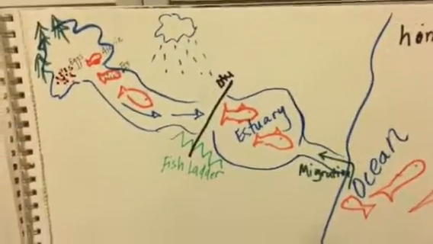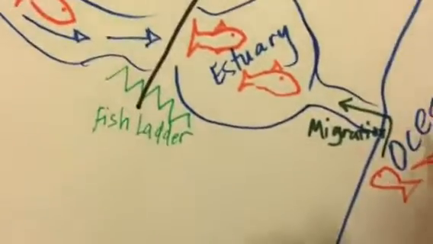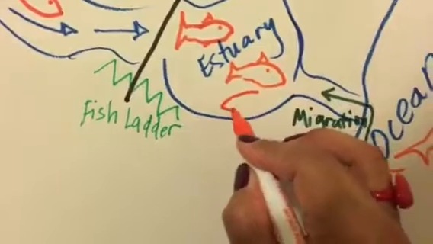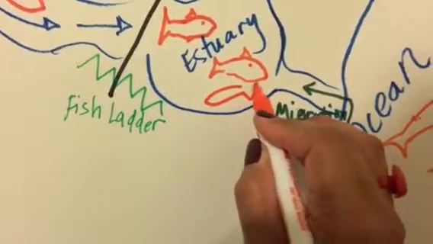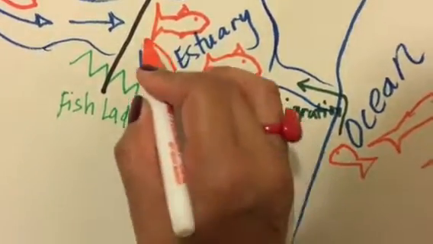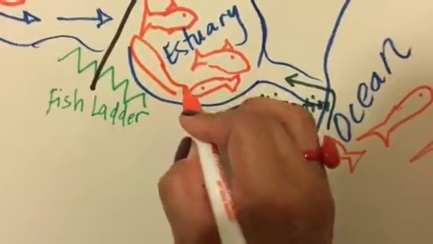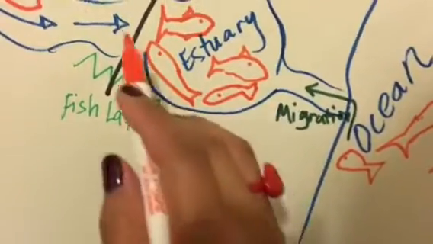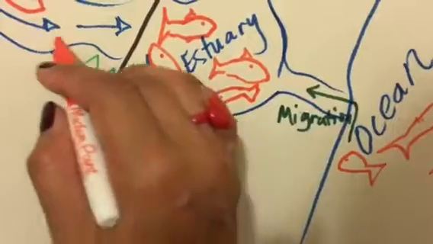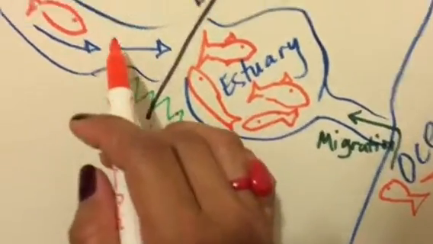So if we go back to our picture here, our salmon are headed back to the estuary, they're actually going to be a lot bigger, so they're going to be really big. And they're headed back up the fish ladder, going against the current.